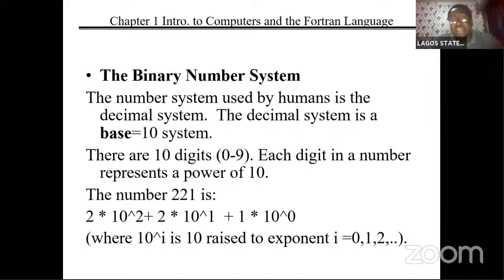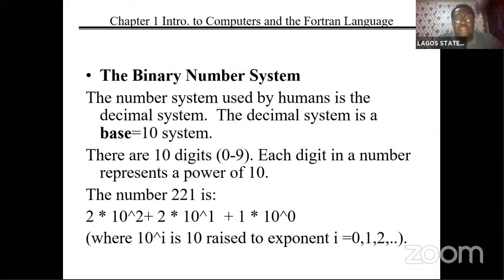And when you talk about base 10, it means that there are 10 digits because it's a system. The 10 digits start from 0 to 9. Please note, it is not 1 to 10. It is 0 to 9. Each digit in the number represents a power of 10. Now, I'll give you an example here.